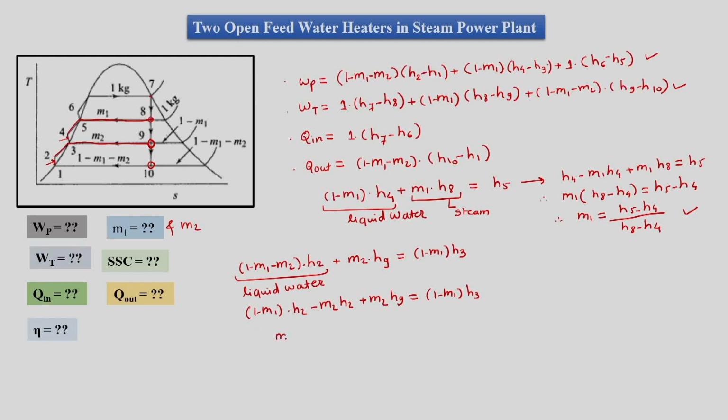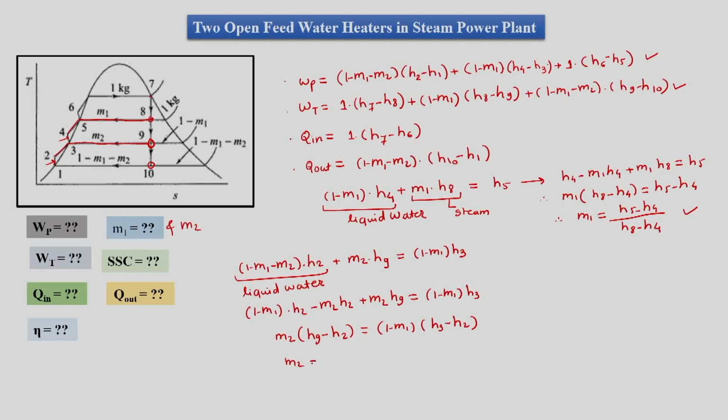So we have m2 into (H9 minus H2) is equal to (1 minus m1) into (H3 minus H2).